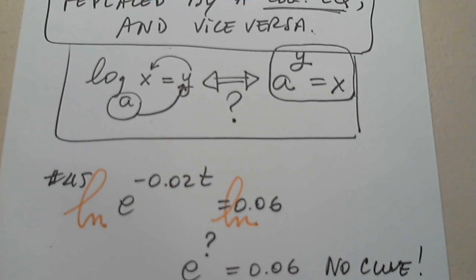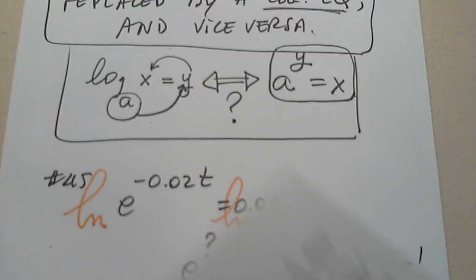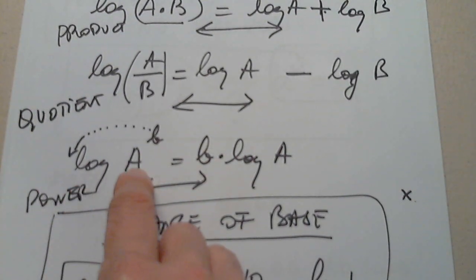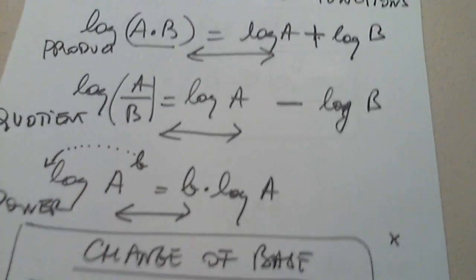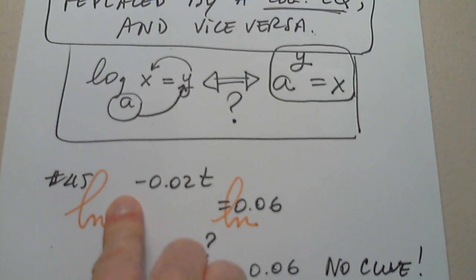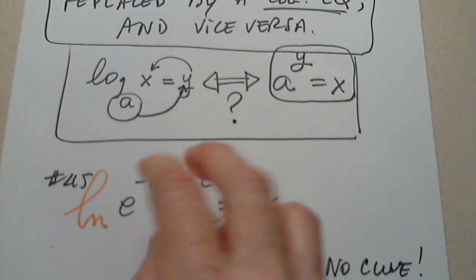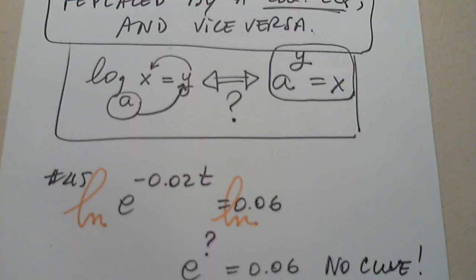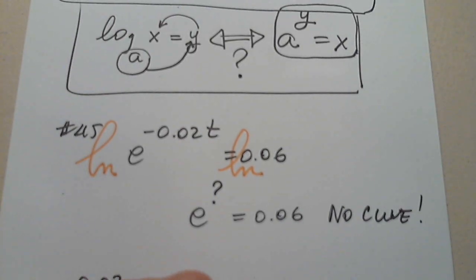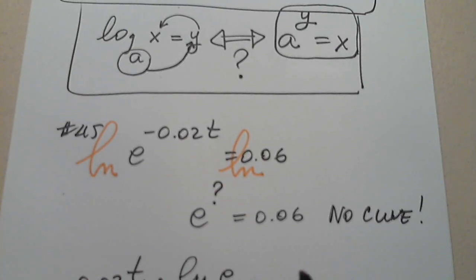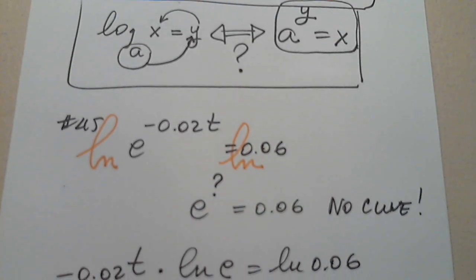So one of the properties that we listed a few minutes ago is when we apply log to a quantity that has a power, the power goes in front as a factor. So I have negative 0.02t multiplied by natural log e equals natural log 0.06.